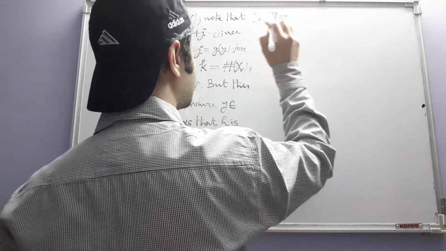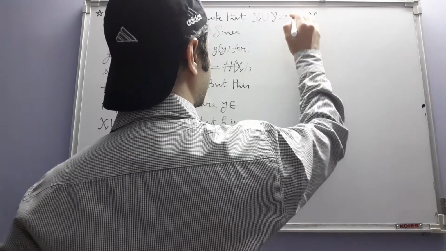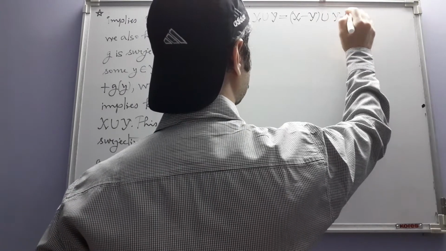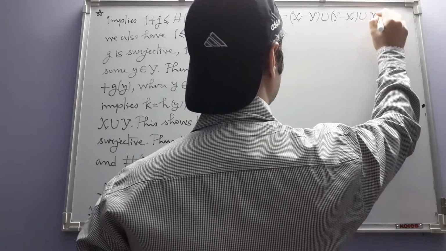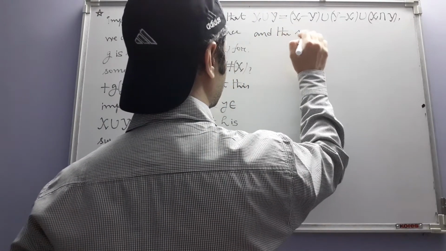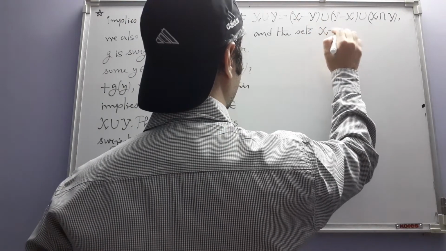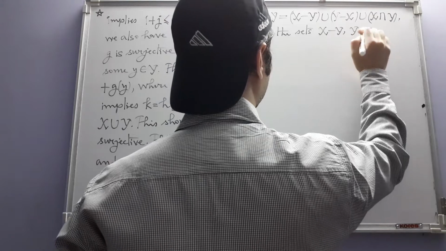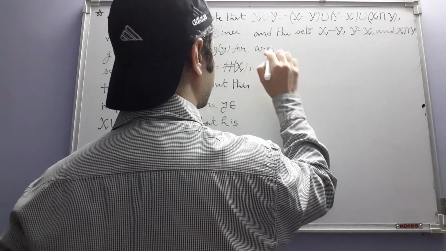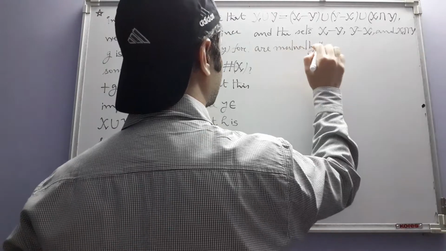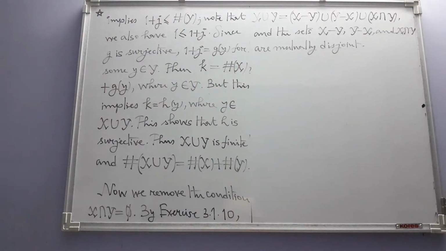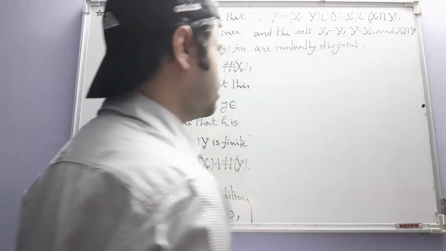X union Y is equal to X minus Y union Y minus X union X intersection Y, and the sets X minus Y, Y minus X and X intersection Y are mutually disjoint.